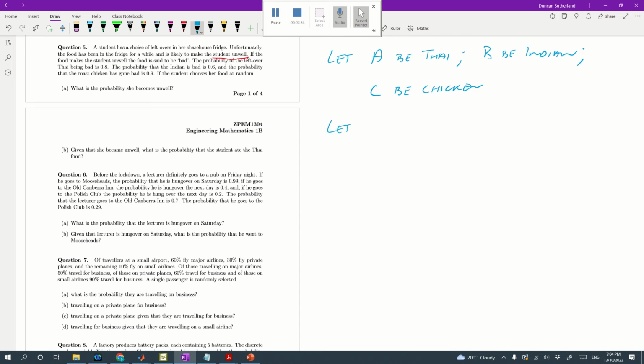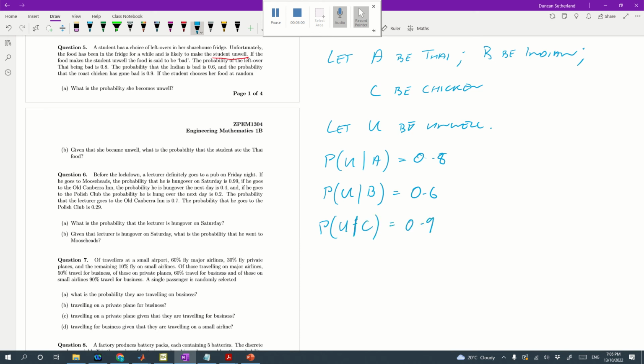Let U be an unwell student. So probability unwell given A, 0.8. Probability U given B, 0.6. Probability U given C, 0.9.